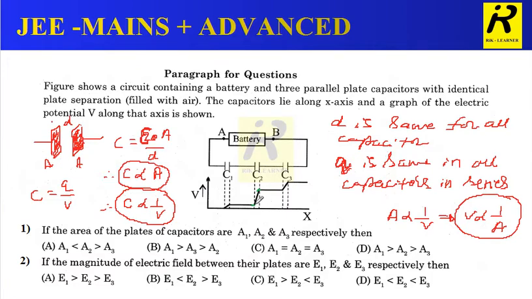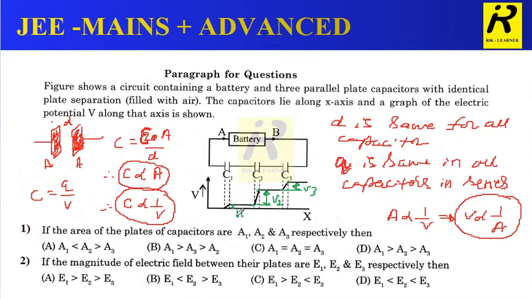So the potential difference between the plates of capacitor C2 is this gap, so this is V2. Meantime, the right plate of C3 and the left plate of C3 are at this potential difference. This is V3, and this much gap is V1.